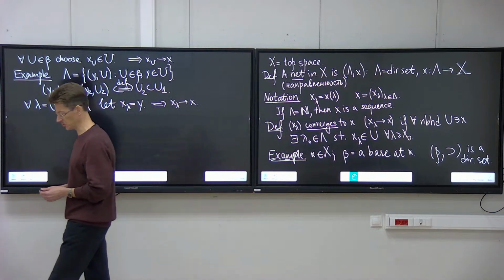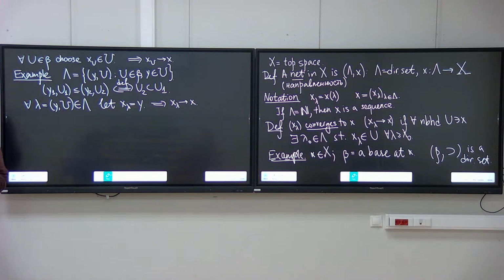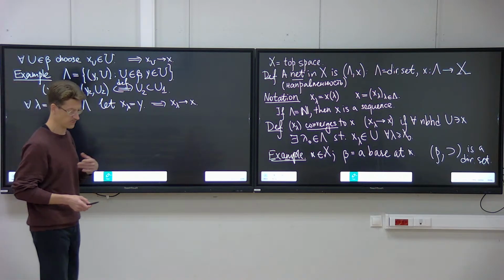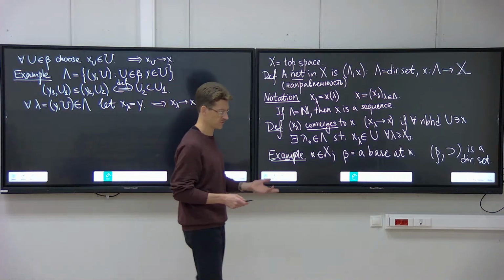Another approach to convergence theory is based on the notion of a filter in a topological space. I will not define filters because we don't need them, but in fact filters are in a sense equivalent objects to nets. We may define convergence for filters, and we may define convergence for nets.